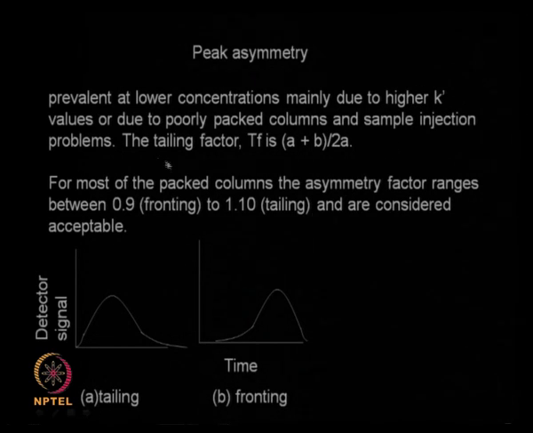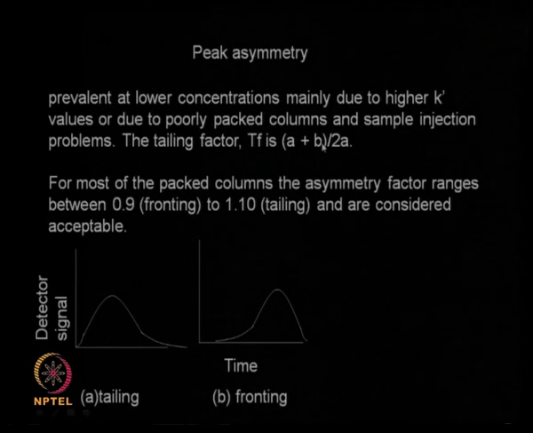So how do you calculate this tailing factor? We know what is A, we know what is B. So A plus B divided by 2A, and if you calculate that, generally this number varies between 0.9 to 1.1. So if it is around 1.1, that means B is more, so you get a tailing. If it is less than 1, that is around 0.9, that means A is more, that means you will have the fronting.